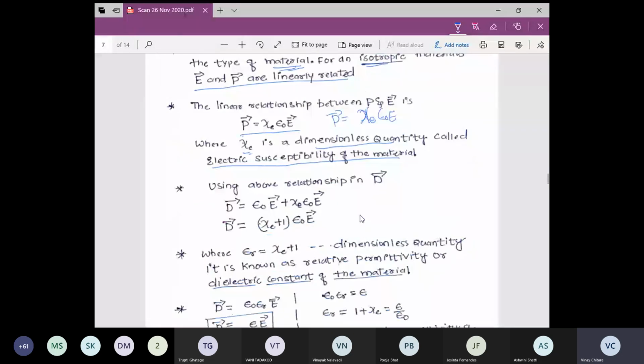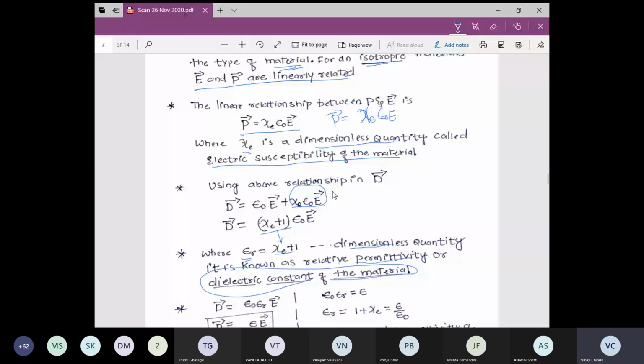Making this substitution, we write P is equal to chi_e times epsilon naught times E. You can take some terms common, and now I can write D equal to (chi_e plus 1) epsilon naught times E. We call this term epsilon R, a dimensionless quantity known as the relative permittivity or dielectric constant of the material.